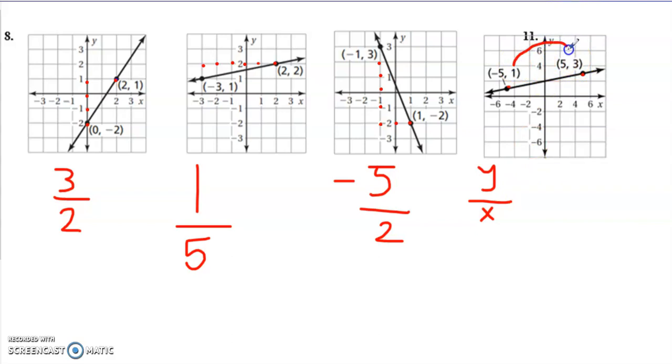From 1 to 3, we went up 2. From -5 to +5, we went up 10. So this can be simplified to 1 over 5. This is up 1, which is in the middle of this line, and then over 1, 2, 3, 4, 5. So there you go.